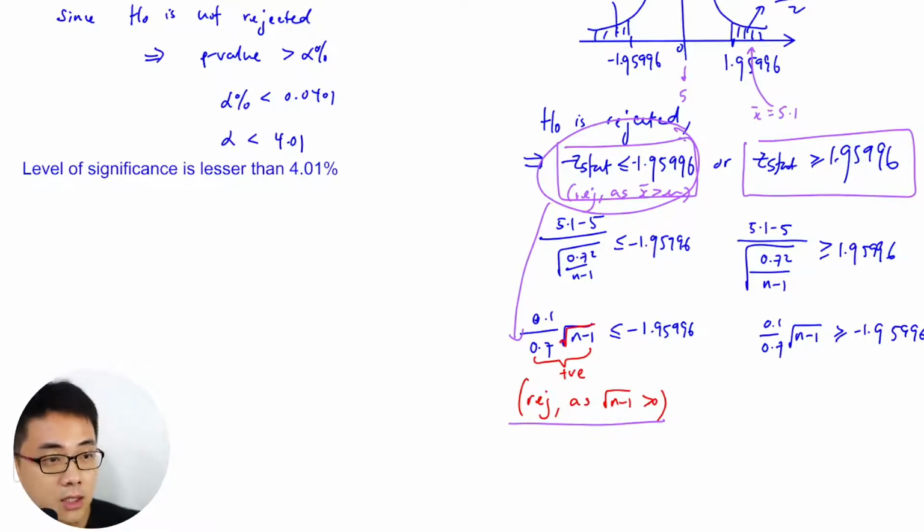Then my next question is, what do you mean by there's a change? Is it lesser than expected or more than expected? So you will tell me it's more than expected. So there's only one way you can reject, even though you have two conditions you can reject on. When you carry out a test, there's only one way you can reject. You know what I'm saying? So yeah, that's the reason why.